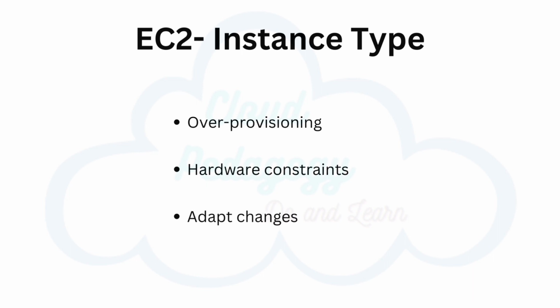This type of optimization is hard to achieve on your own because with traditional on-premises deployments, you are working with hardware constraints that simply don't exist in the same way in the cloud. The ability to adapt changes and choose really specific configurations for your virtual machines all through a couple of API calls is very powerful. And really, EC2 is just the beginning of that story.